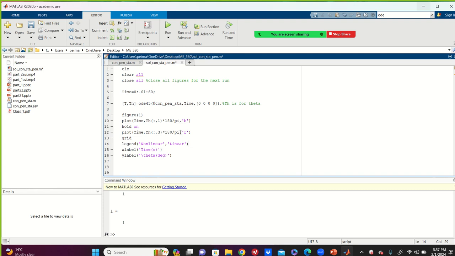Okay, and I'm going to add this interpreter, LaTeX.